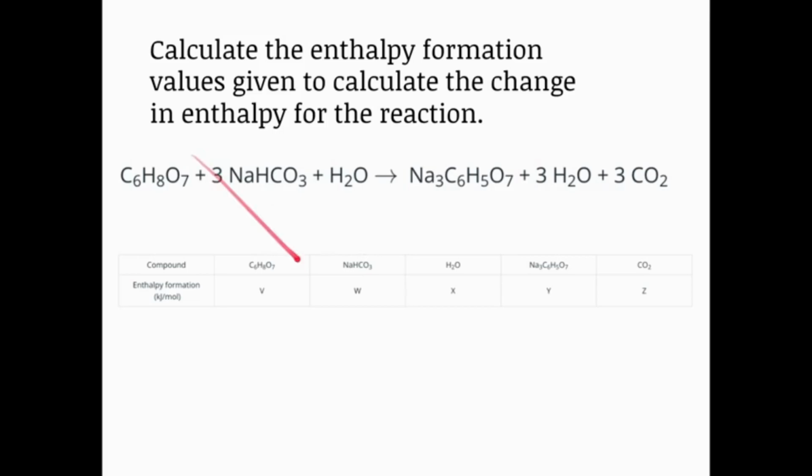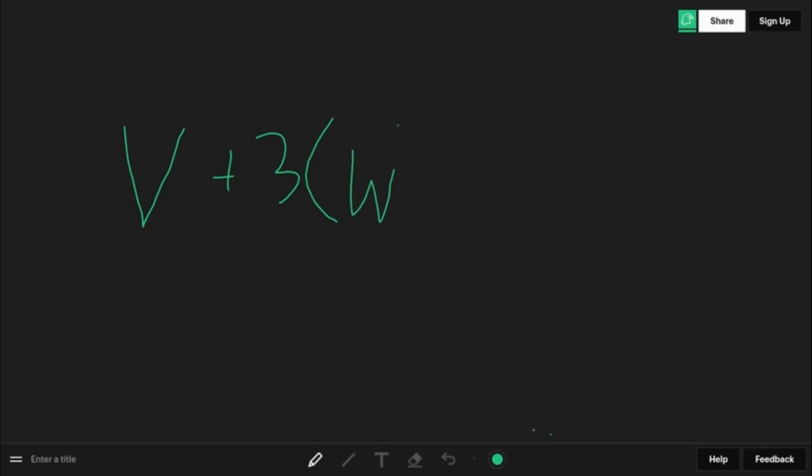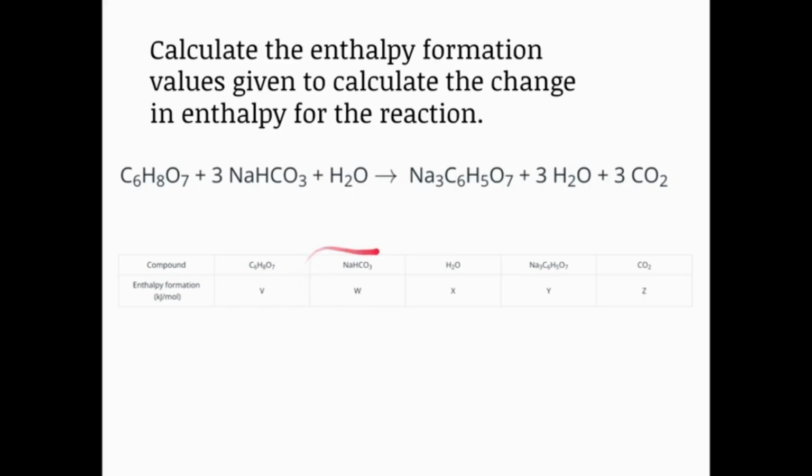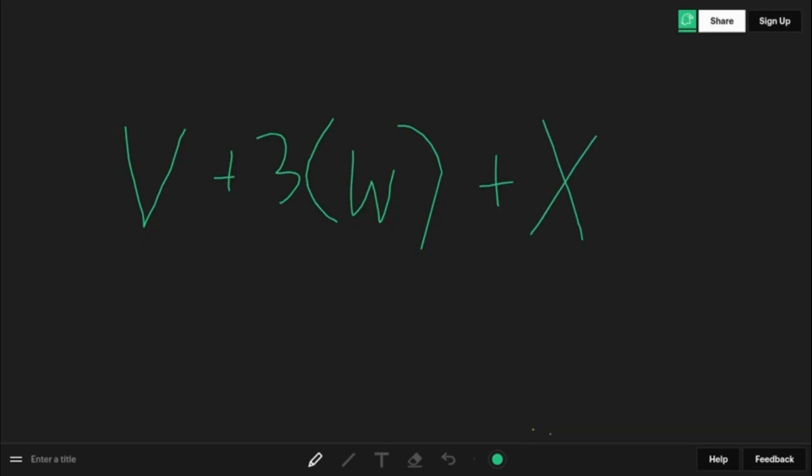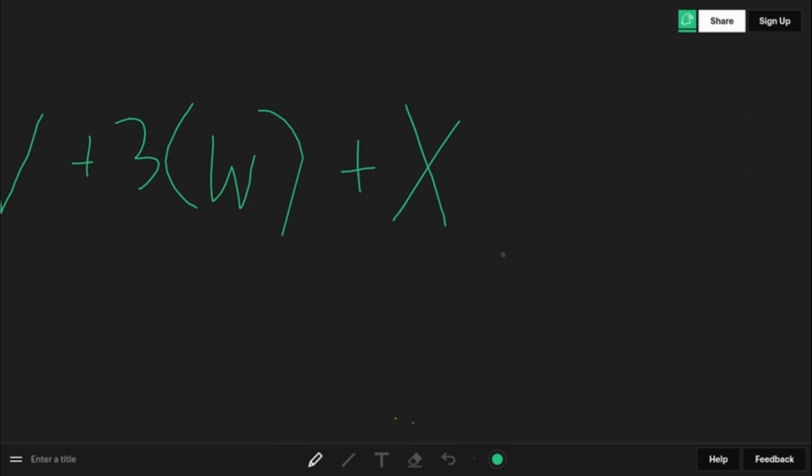So that means we have 3 times W. Then we have H2O, and it says H2O is X, and then it's only 1, so we're just going to multiply it by 1.